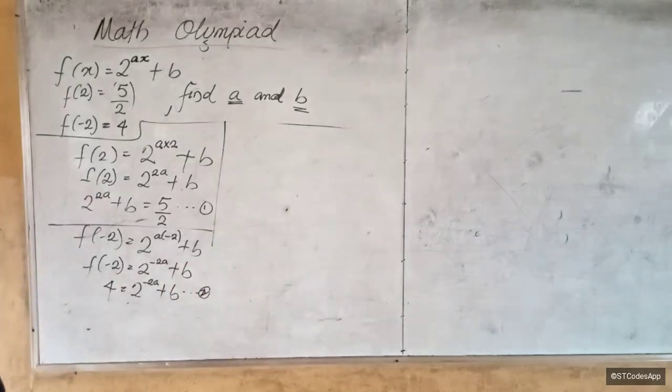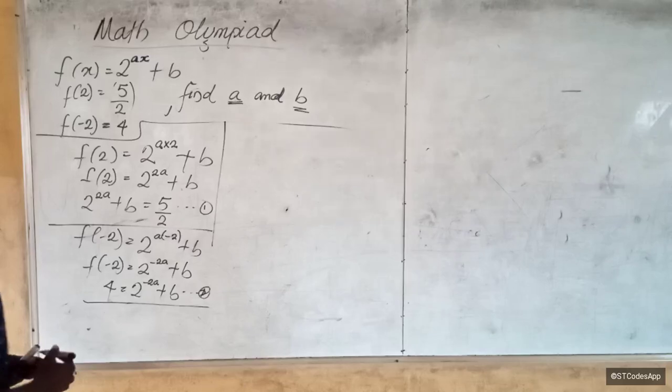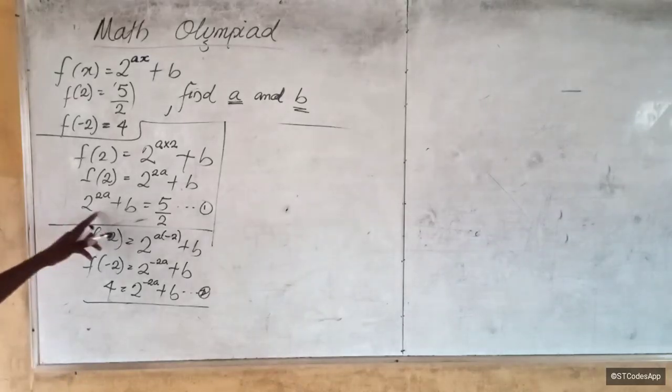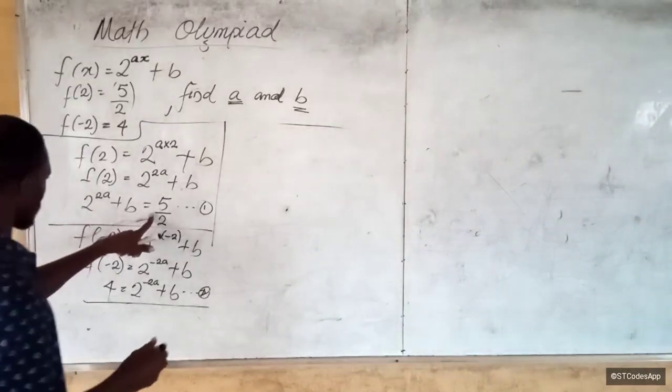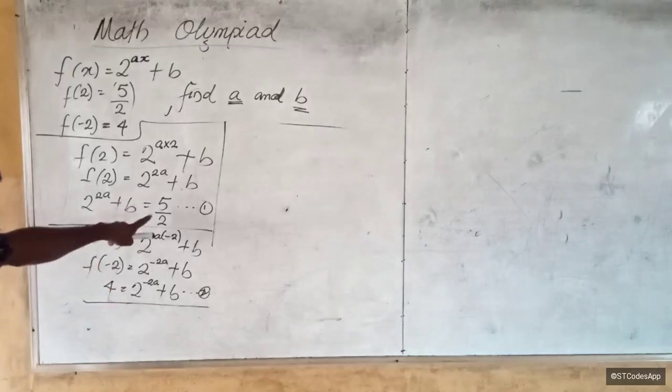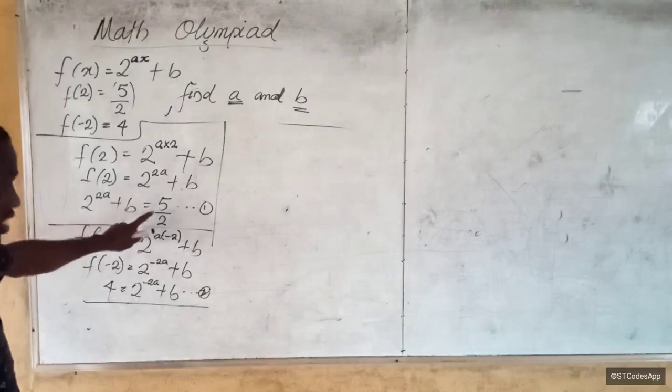All right. So what we can now do is resolve the equations to make them look simultaneous. Here we can decide to multiply through by 2.